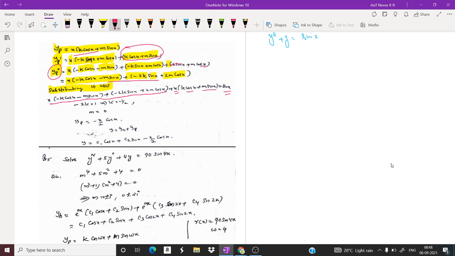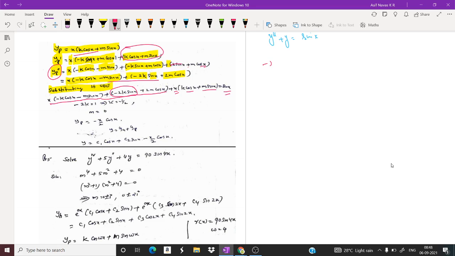So what we will get is minus 2k. So we will equate the coefficient.